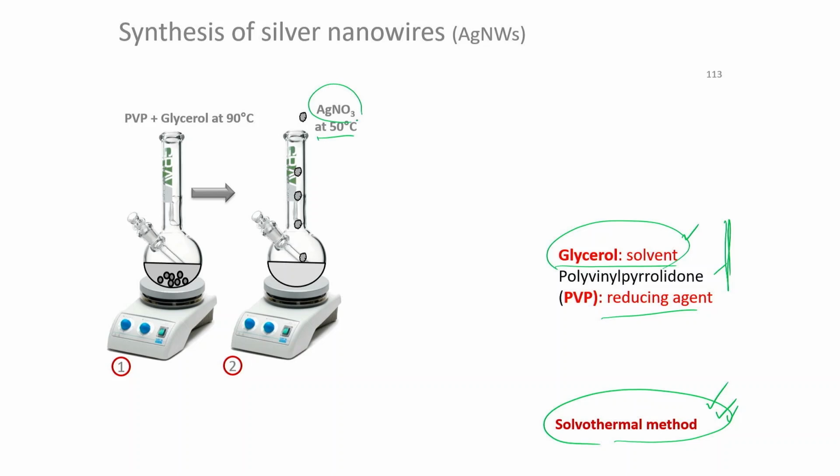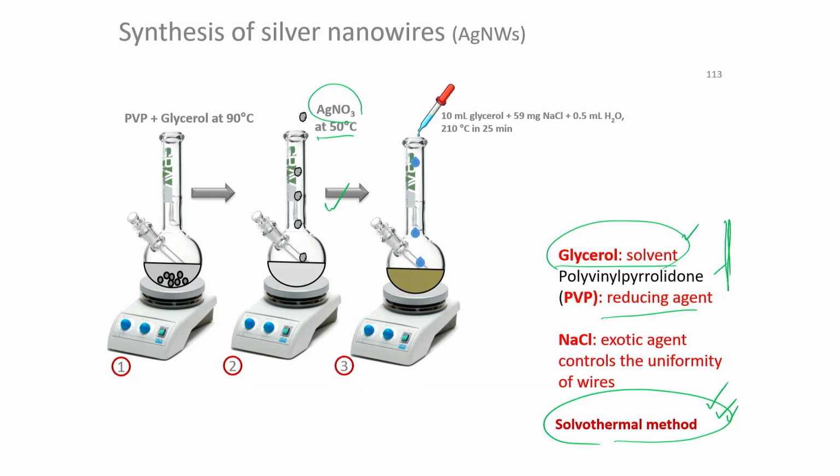Silver nitrate was mixed drop wise, and then we have added the mixture of glycerol, sodium chloride and water, a very small quantity of water. So, that we have mixed drop wise.